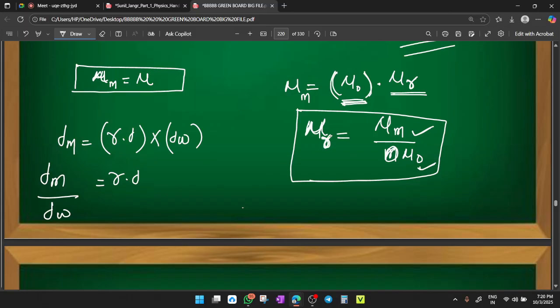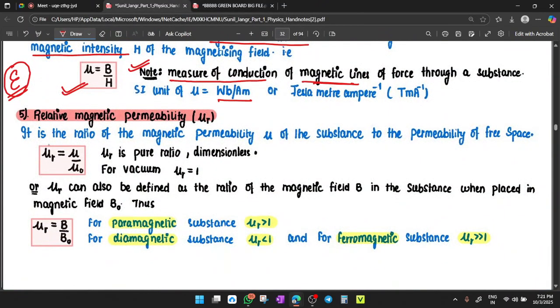The meaning of relative permeability is that, with respect to air, in comparison to air, your material will give how much ease for the magnetic field in comparison to air. So it is the ratio of the magnetic permeability mu of the substance or medium to the permeability of free space.